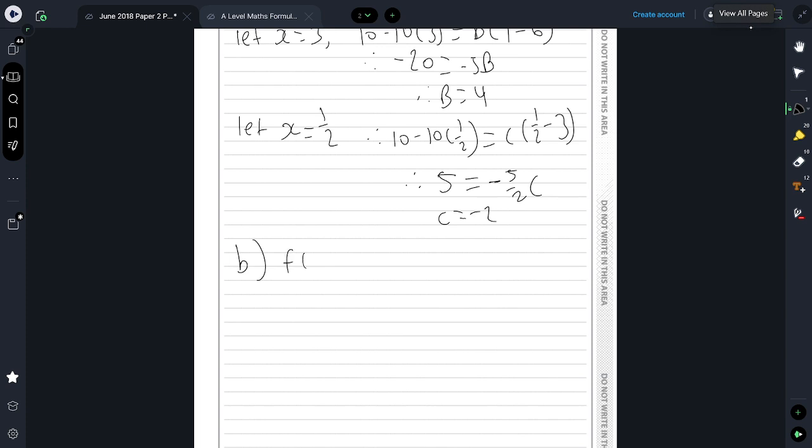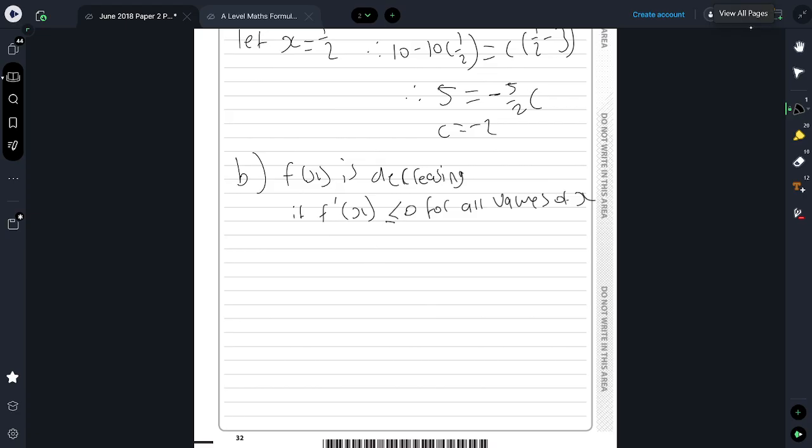And that is, a function f of x is decreasing for all values of x if f dash of x is less than 0 or equal to 0 for all values of x, okay? So in other words, if you find the derivative and you show it's always negative, then it's decreasing, okay?